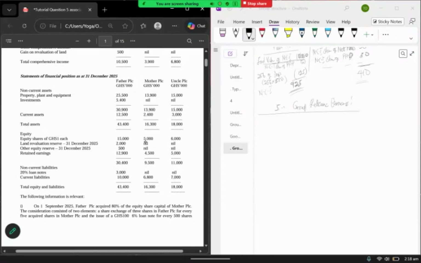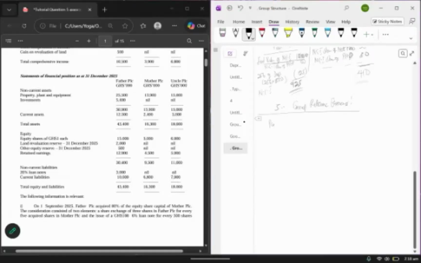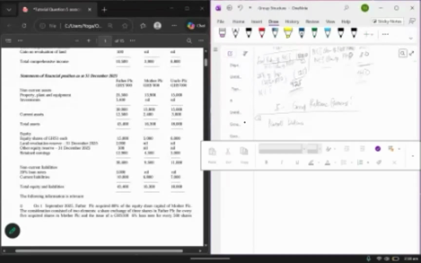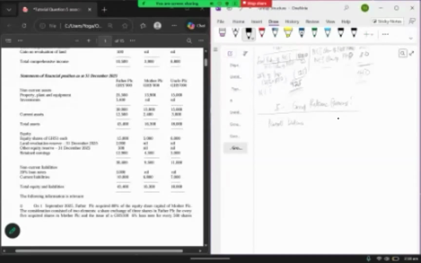So assuming you're using the 12,900, all right? So either parent's balance or balance brought down, whatever, however you name it. If you understand it, you should know how to name it. Okay, so let's say 12,900, and then the parent's share of what?